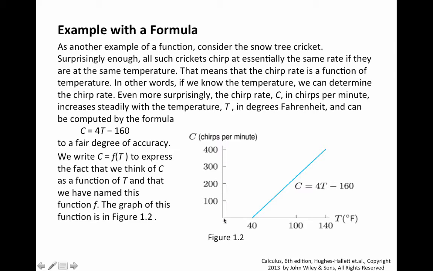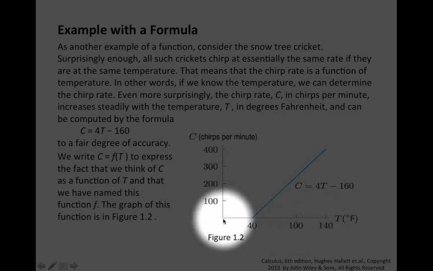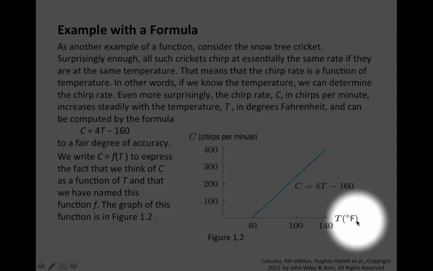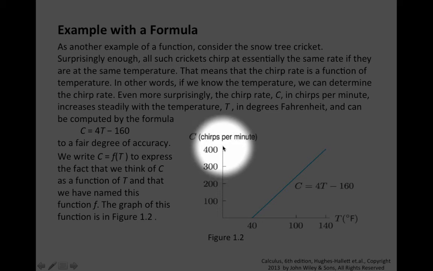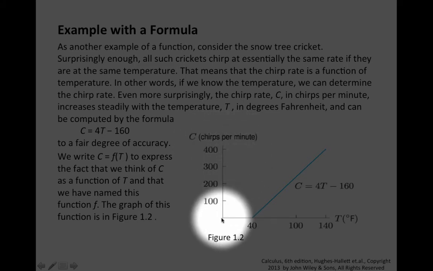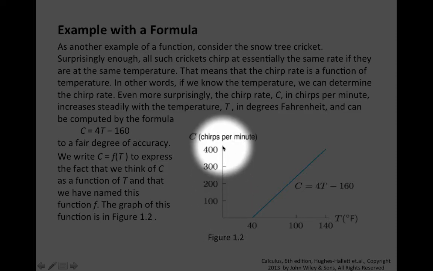That's represented on the graph because here on the horizontal axis is the temperature. That is our independent variable, and you can see that the units are in degrees Fahrenheit. The vertical axis shows us our range and is the chirps per minute, and the range seems to go from 0 to something above 400.